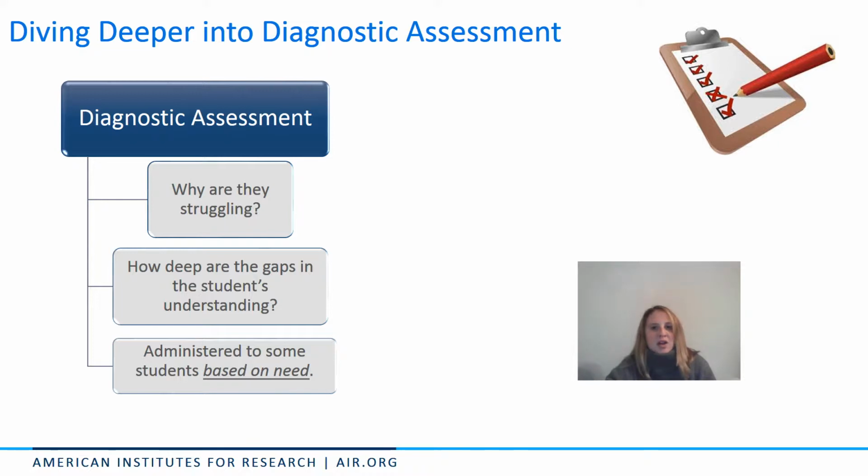Formal diagnostic assessments are more time-consuming and are often administered on an individual basis, so these are often only administered to students not responding to intervention when informal information and analysis of formative assessments does not provide enough detailed information.